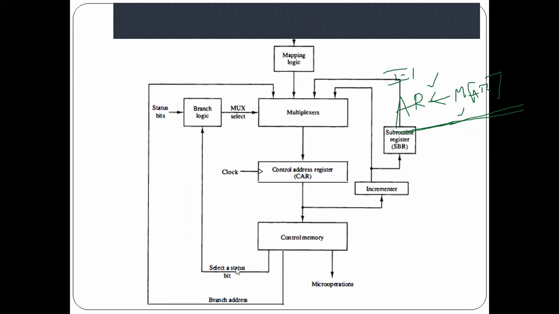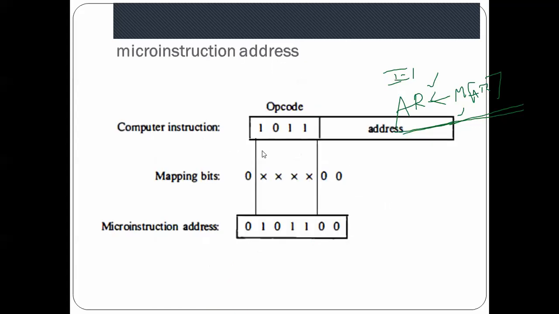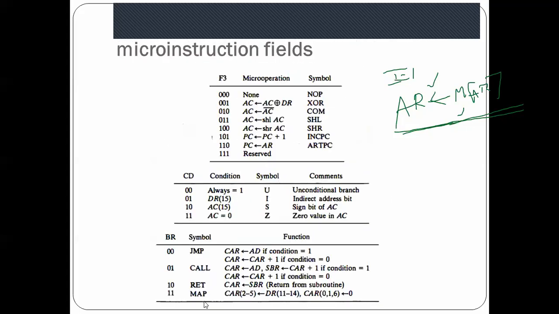Based on the condition, the control field will be updated in CR. These are the 4 possible cases. So the branch field has those possible cases: jump, call, return, or mapping.